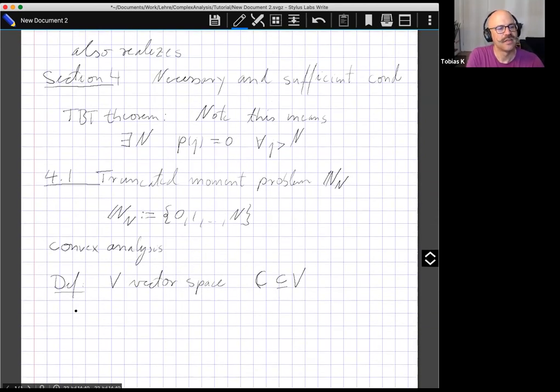Then we say C is convex whenever the following holds.